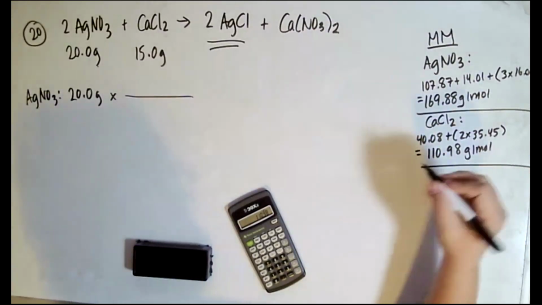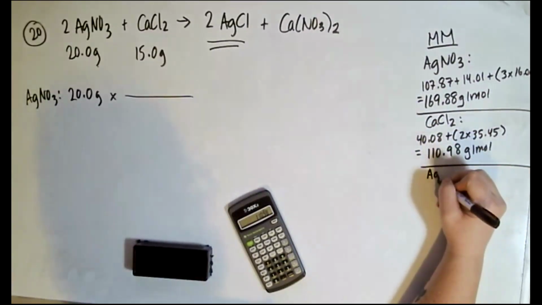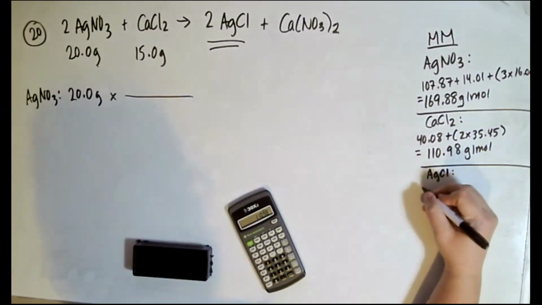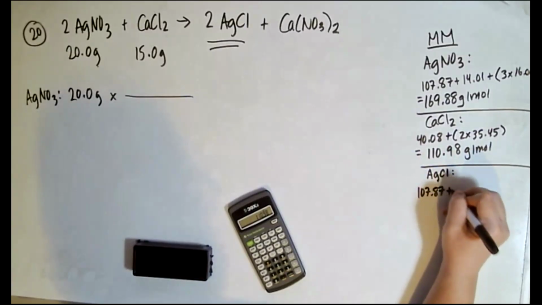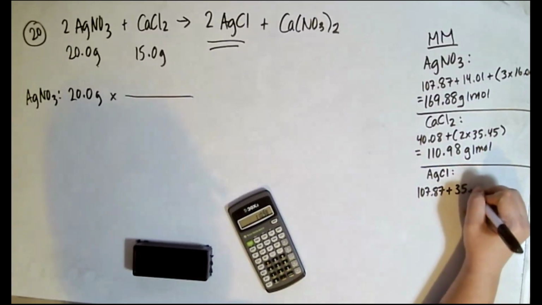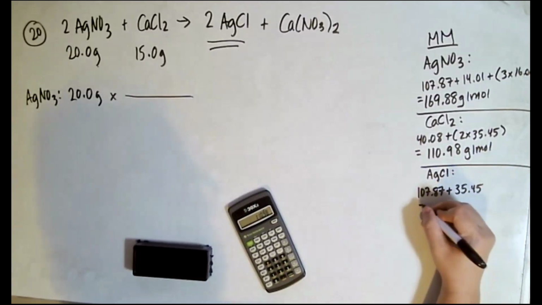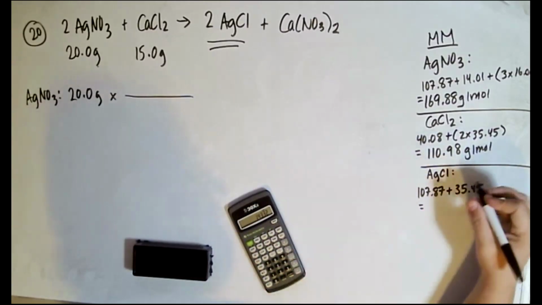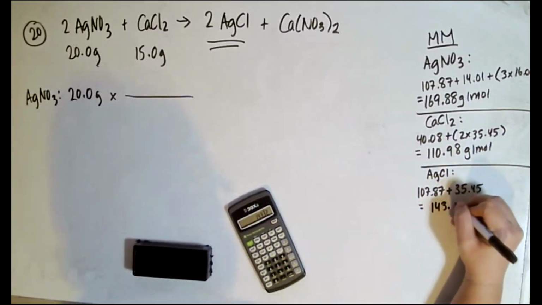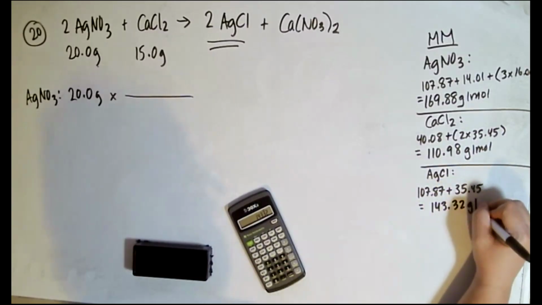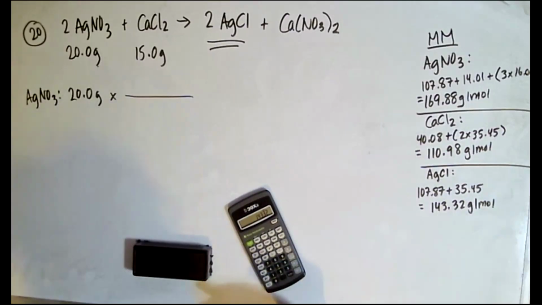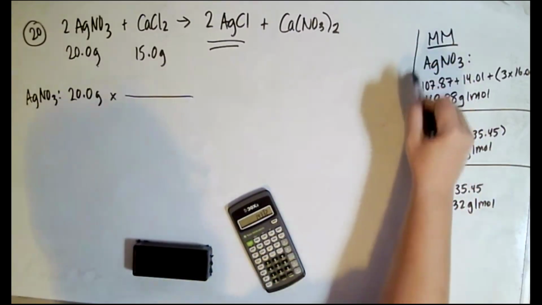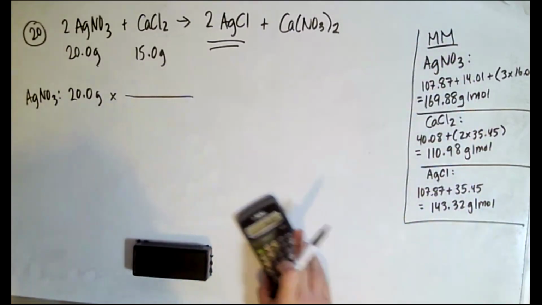And we're going to need a mass for AgCl, which I know we calculated before, but I don't remember it. 107.87 plus 35.45. Okay, so those are our molar mass values. So we can use those as we need them.